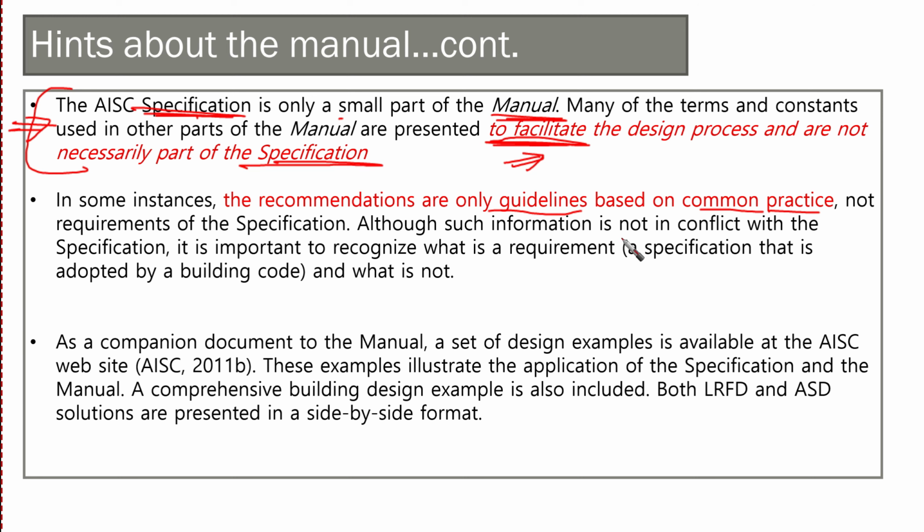Although such information is not in conflict with the specification, it is important to recognize what is a requirement, meaning related to the specification adopted by a building code, and what is not. Because based on this judgment, you are going to say, this is a specification or code term that I have to follow.